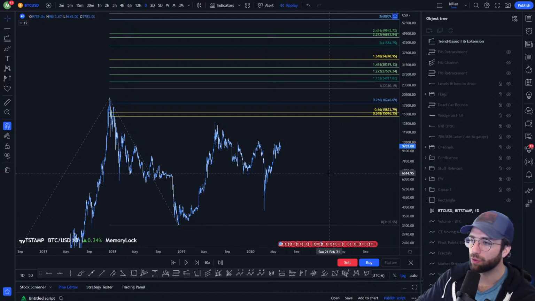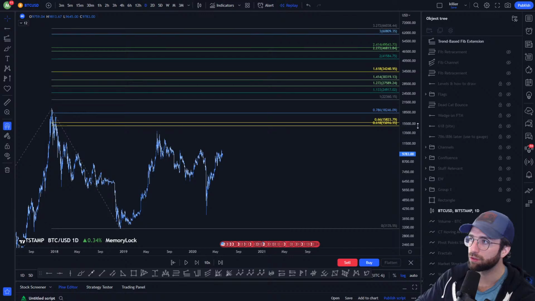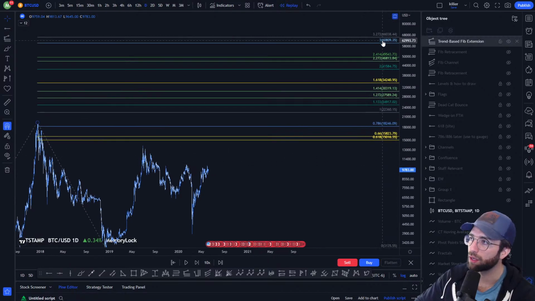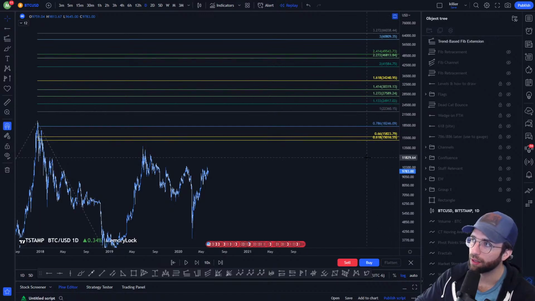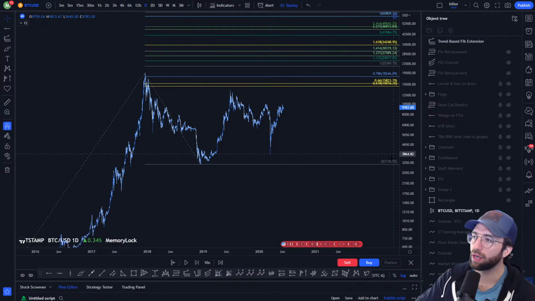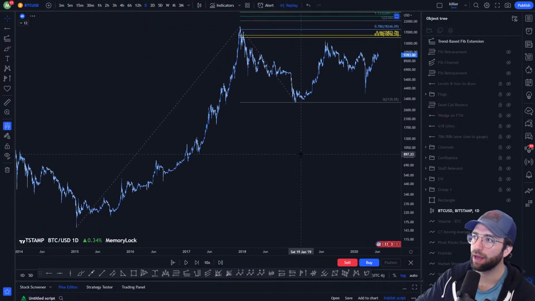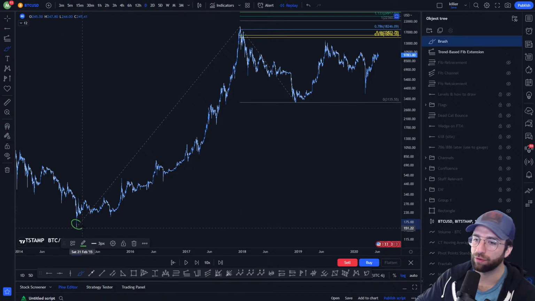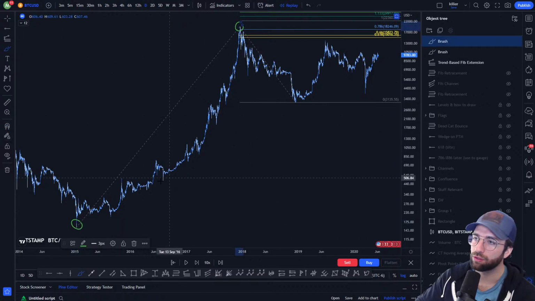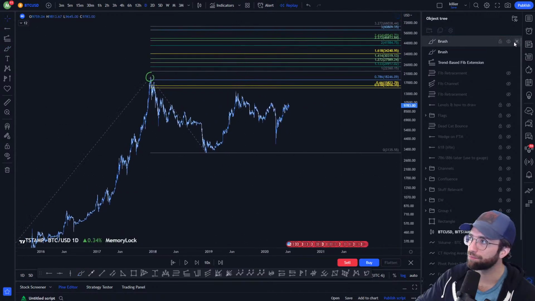Well, that is where this comes into play. All right, so we can have these levels in mind, and of course, I know what happens, so I have future bias on this. But we can say that if we have this rally from our previous bull run that went from here to here, so if we had this same run, what would that look like?